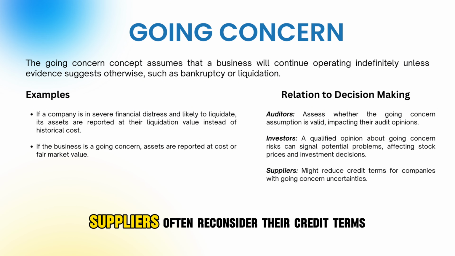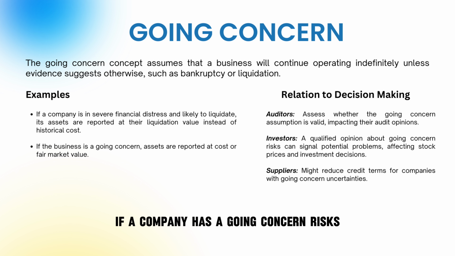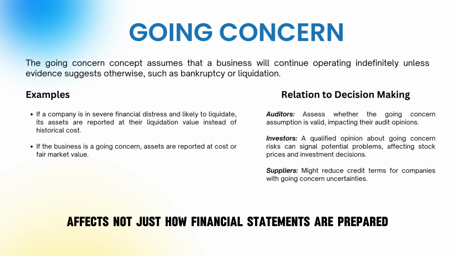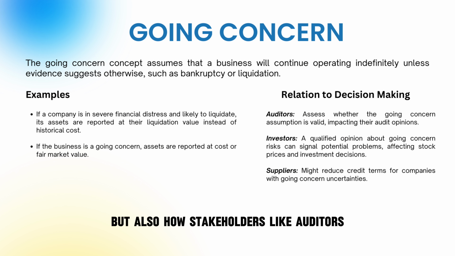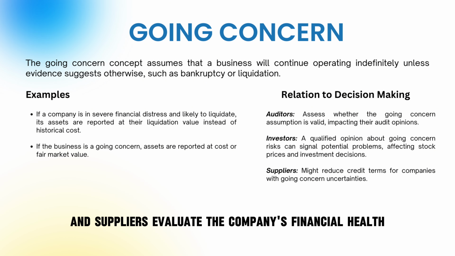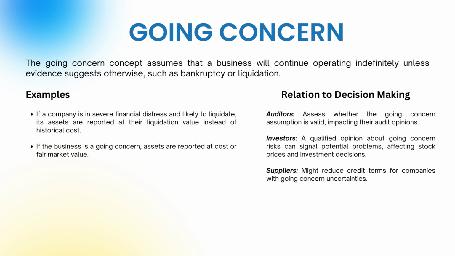Suppliers often reconsider their credit terms if a company has going concern risks, as they might worry about not getting paid. In essence, the going concern assumption affects not just how financial statements are prepared, but also how stakeholders like auditors, investors, and suppliers evaluate the company's financial health.